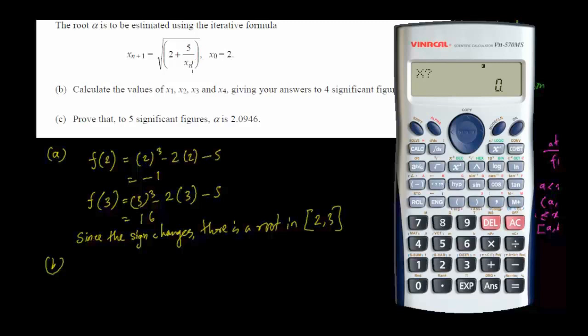If you put x naught here, you'll get x1, the next value. That is iteration. Iteration means if you want to find some value, you need the previous value. If you want to find x2, you need the previous one, which is x1. If you need x3, this would be x2. If you need x4, you need x3. That is how it works.